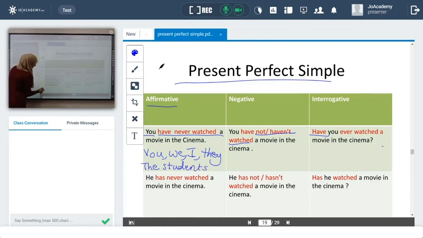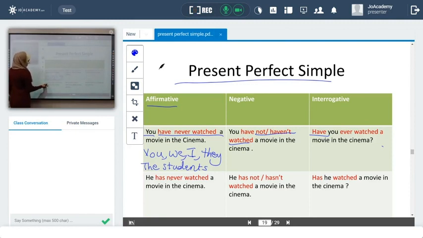So what about the third person singular pronouns like he or she or it? Or if we have a name of a person like Layla or Sami or Ali, and if we also have a singular noun, so here we use has never watched.